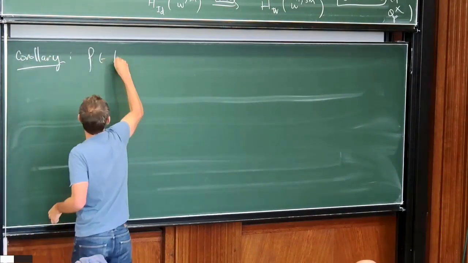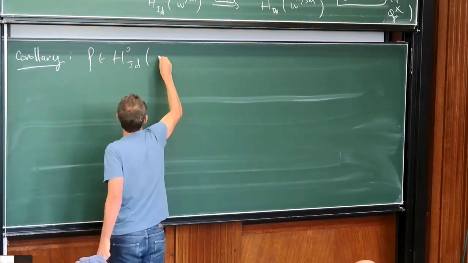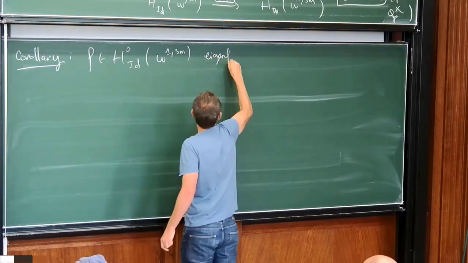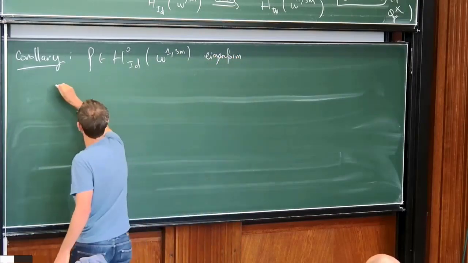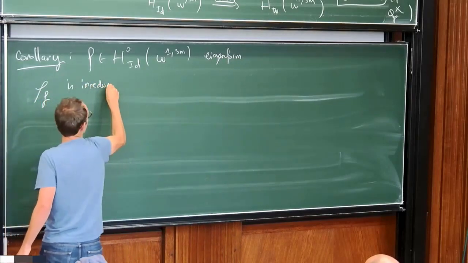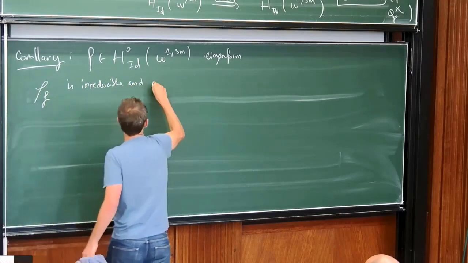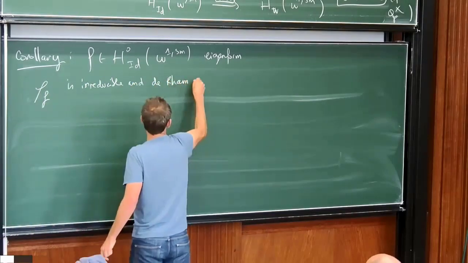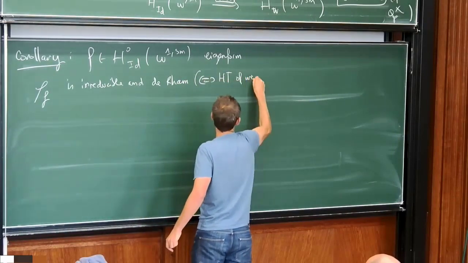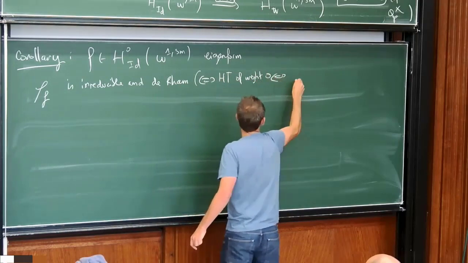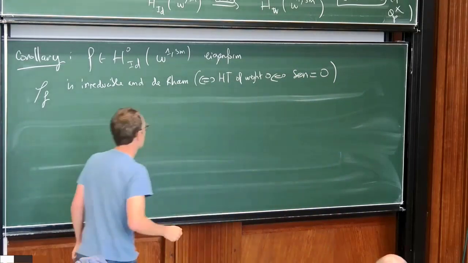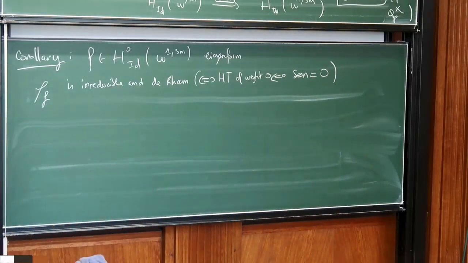And so this has the following corollary: if you take f in H naught of identity, omega 1 smooth, which is an eigenform, and if you assume that its Galois representation rho f is irreducible, which in this case is equivalent to asking that it is Hodge-Tate of weight 0, and this is also equivalent to asking that the Sen operator is 0, that's the same thing, then f is classical.